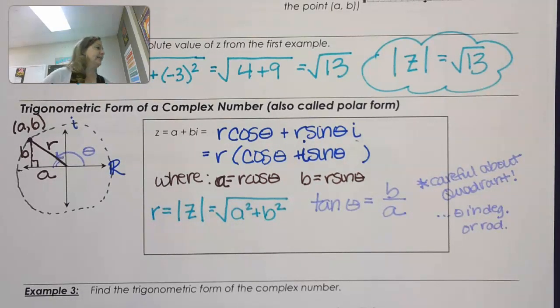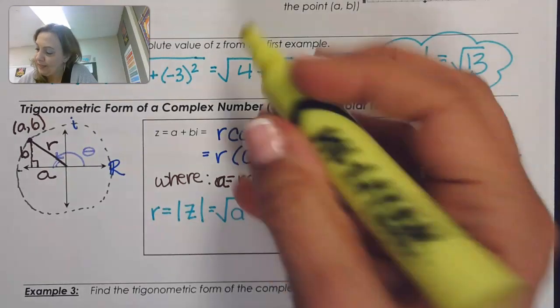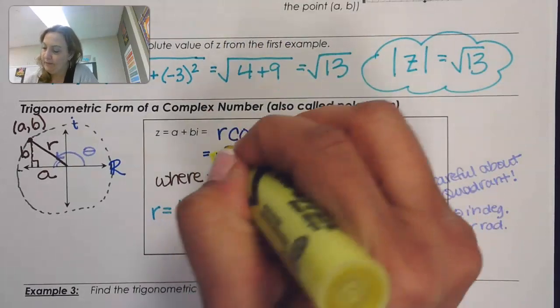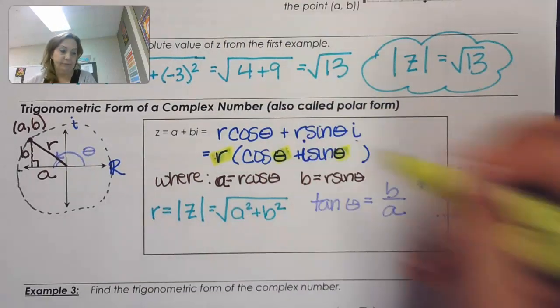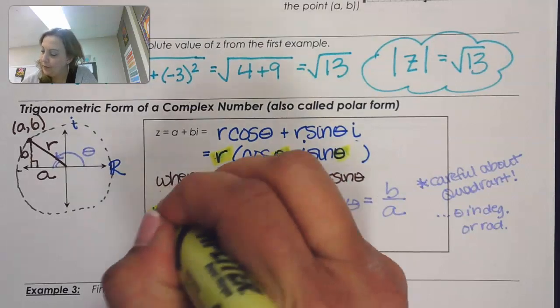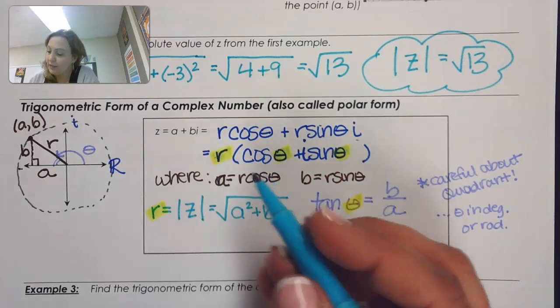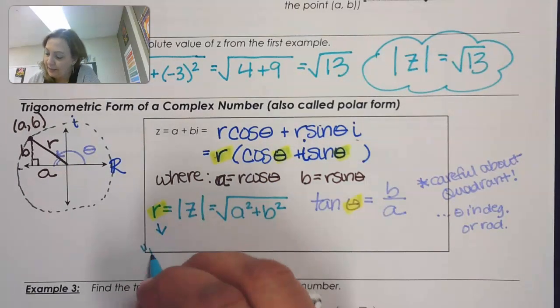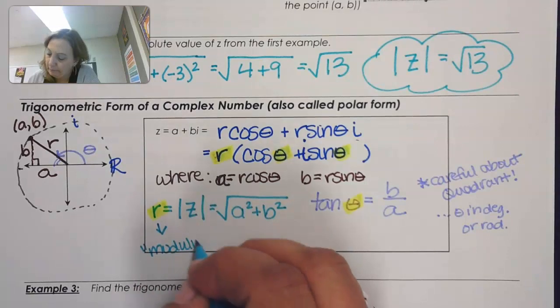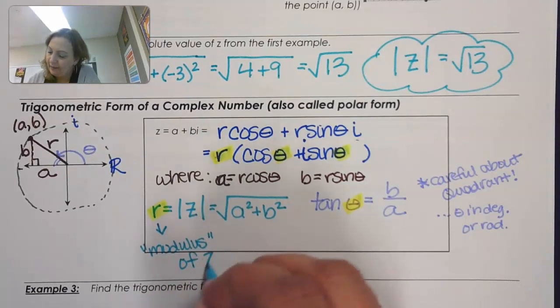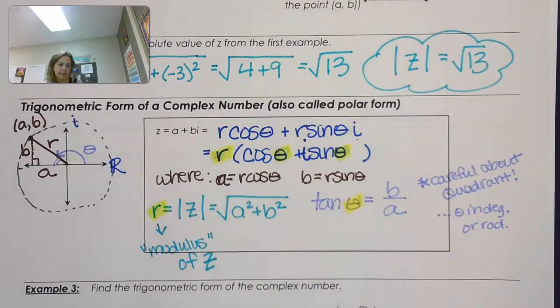So we can see that the things that we really want in this case are, we need two things. We need R and we need theta. And so those are going to be the important pieces that we have here. When we talk about R, sometimes R is called the modulus of Z. I don't think I use that very often.